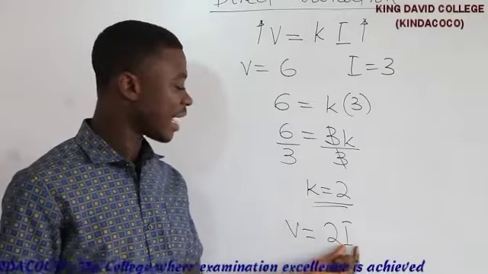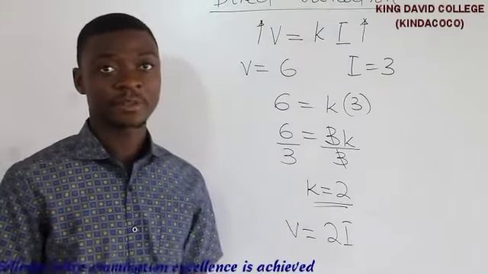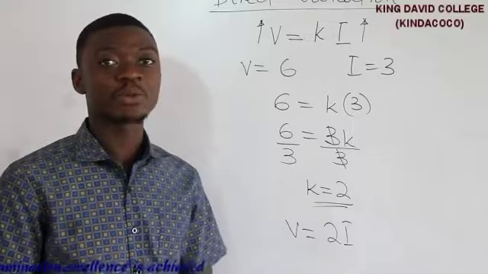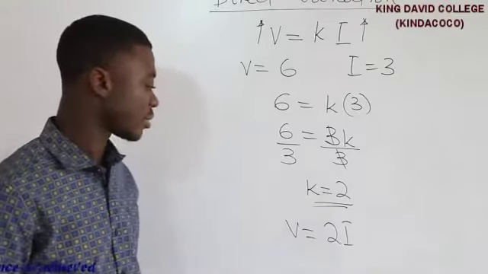Any value I get for I, I can find V. And so that is how we always put a direct variation question.